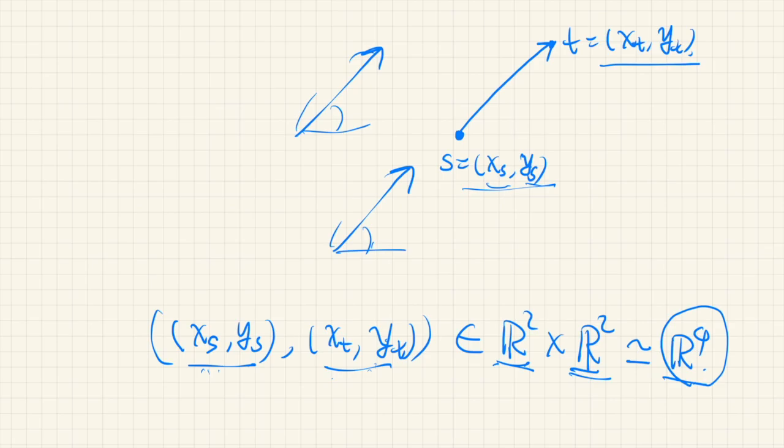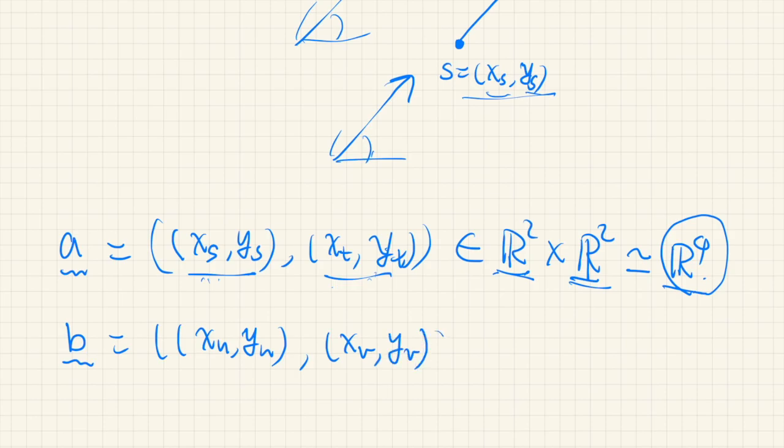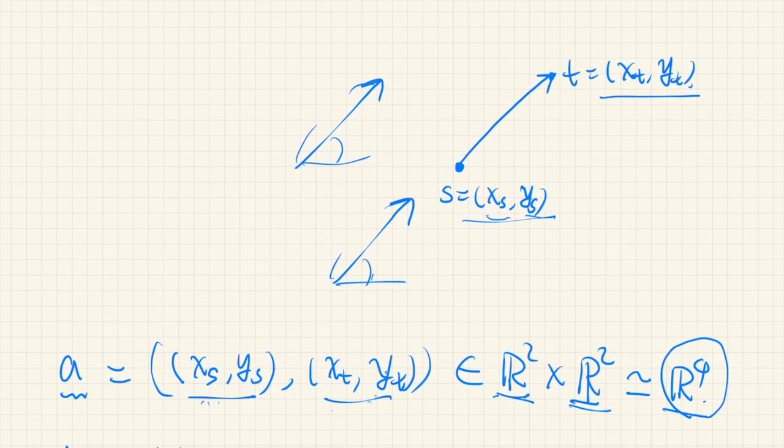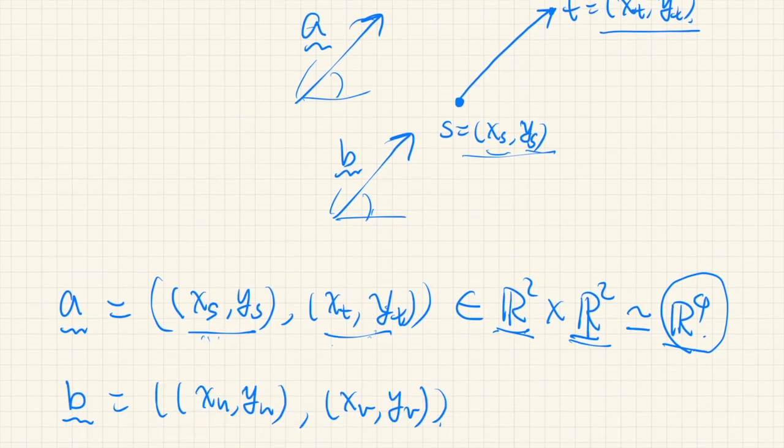Let's say this is an arrow called A. And let's consider another arrow, B. Let's say the source point is U, so xu and yu, and the target point is xv and yv. For example, this is A, and this is B.